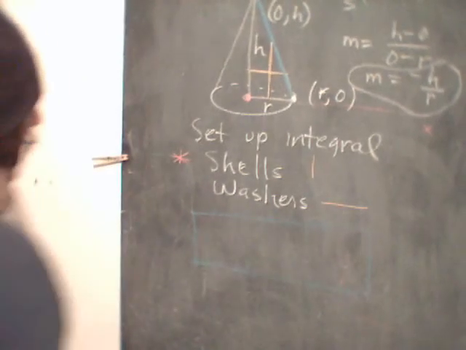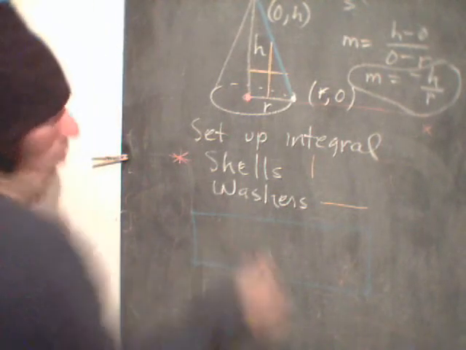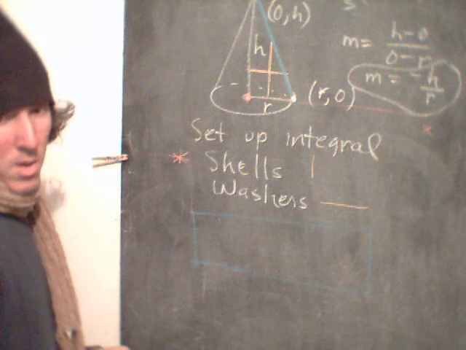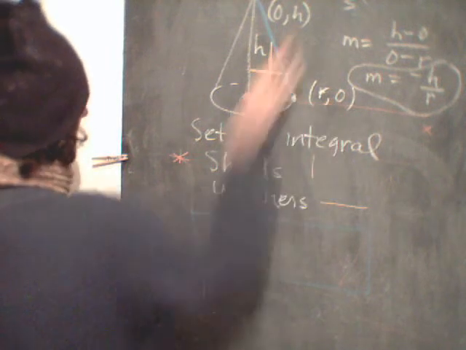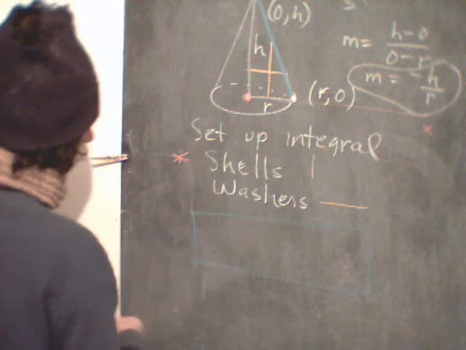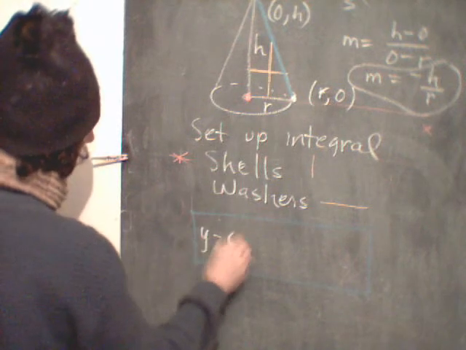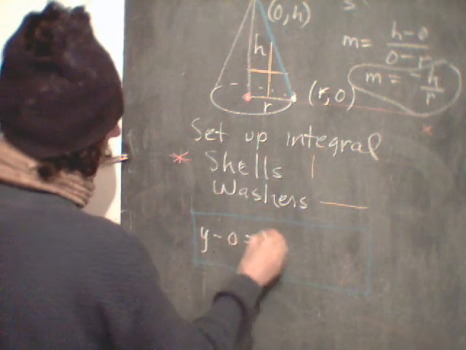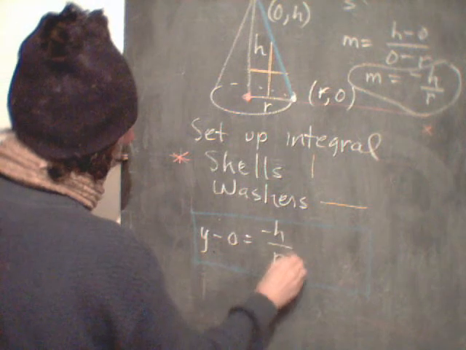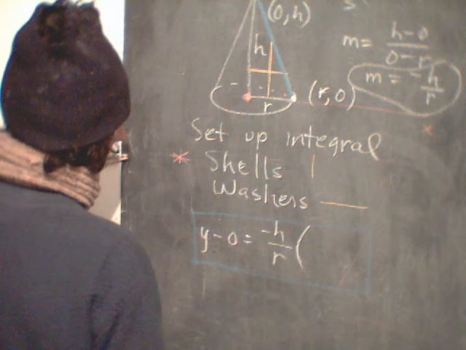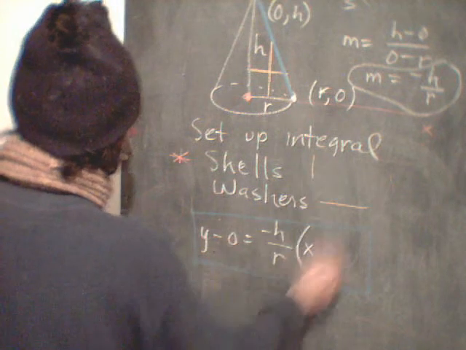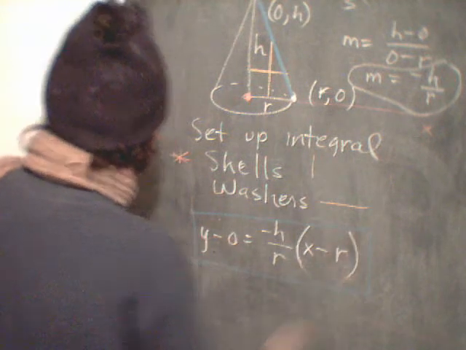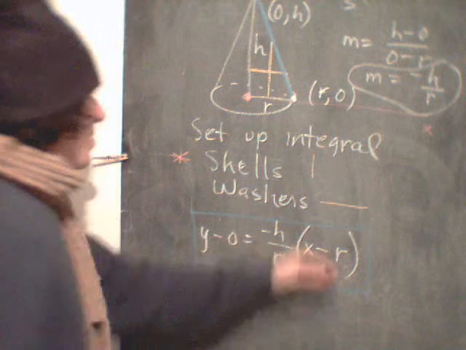Well, it's y minus y1, and we have to pick a point on the line, so let's take this point. So y minus 0 equals m, which is minus h over r, times x minus r. That is, y minus y1 equals m times x minus x1.